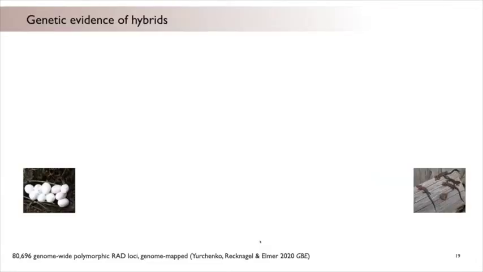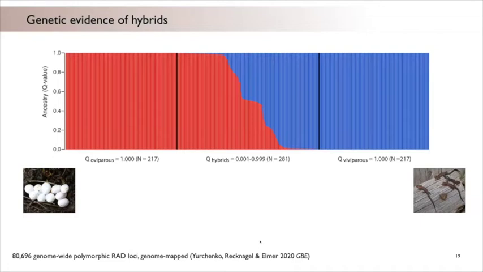And looking not only at the phenotypes, but also looking for genetic evidence is, of course, the key. So we assessed genetic evidence of hybrids. We did this using genome-wide RADseq loci that were genome referenced.